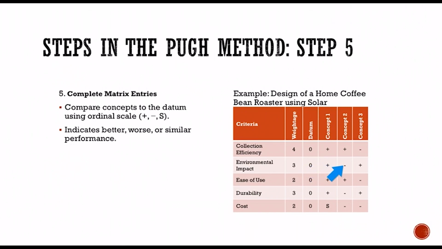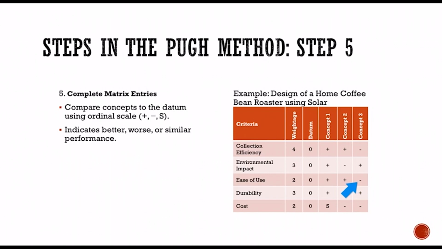So we put a minus here. Minus means that the concept has worse performance when compared to the datum. Now let's say we compare concept number 3 in terms of ease of use to the datum product, which is the reference. The ease of use of concept number 3 is worse than the datum, so we put a minus. Minus represents worse performance.